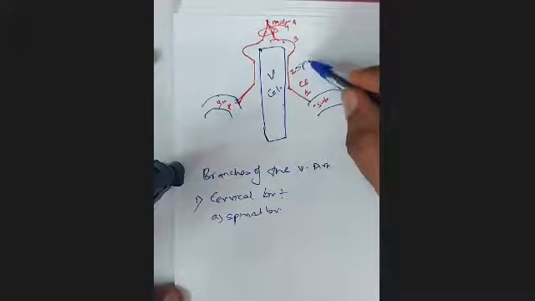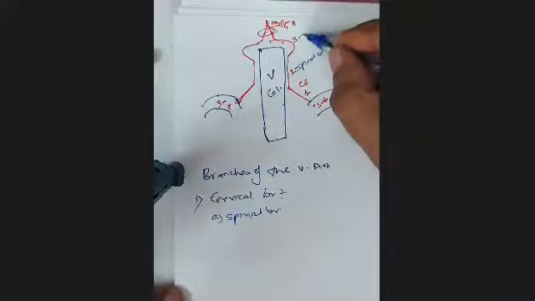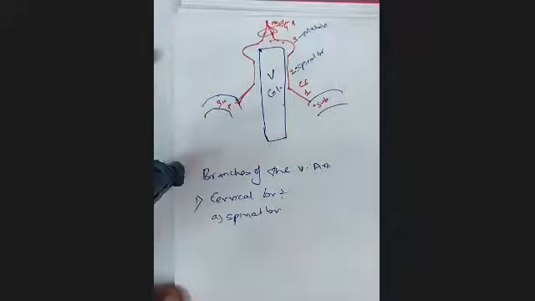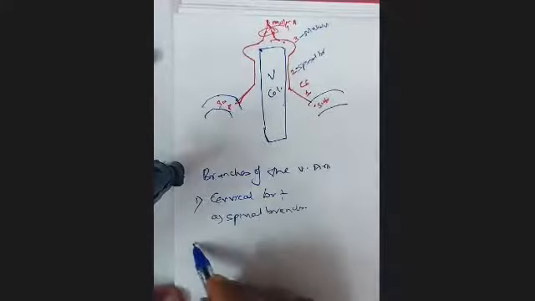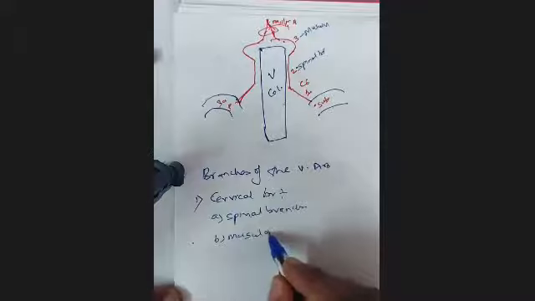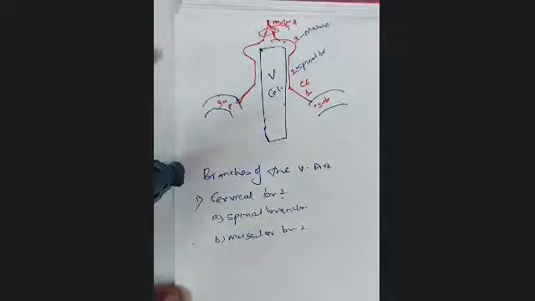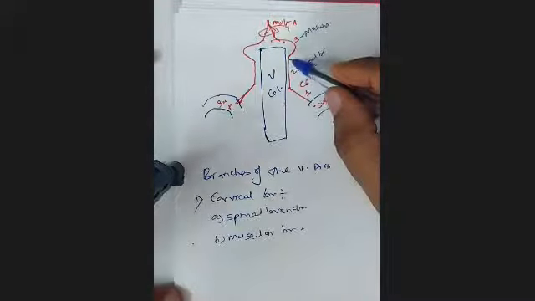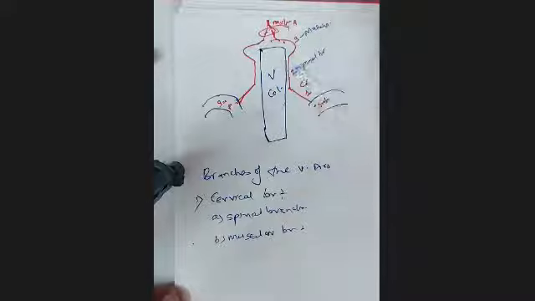The third part will give muscular branches. These muscular branches will be given to the suboccipital muscles. The spinal branches will go inside through the various intervertebral foramina and supply the spinal cord, meninges, vertebrae.